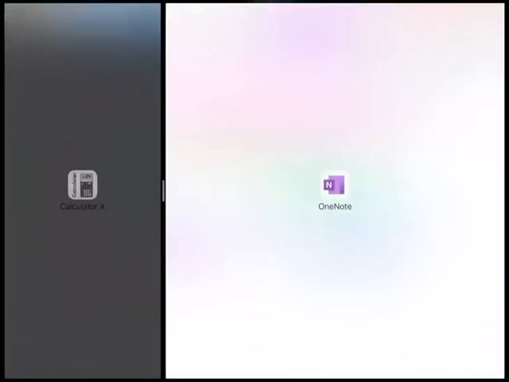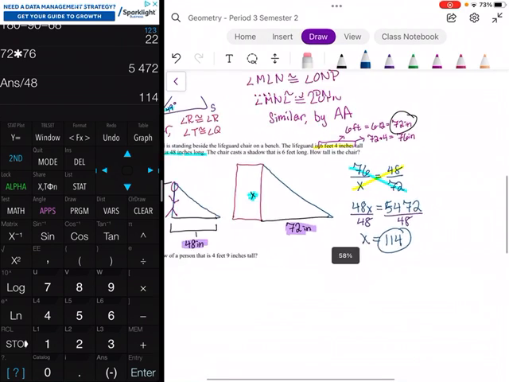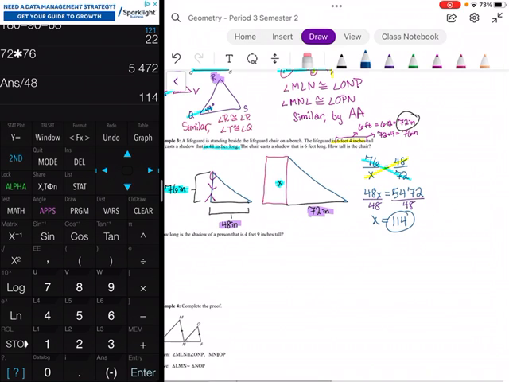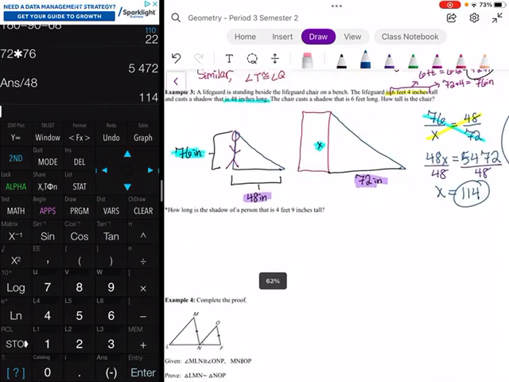So that gives us the height of the chair. So the chair is 114 inches. If it asked us to give it the height in feet, we could also do that as well, but this one didn't really specify.